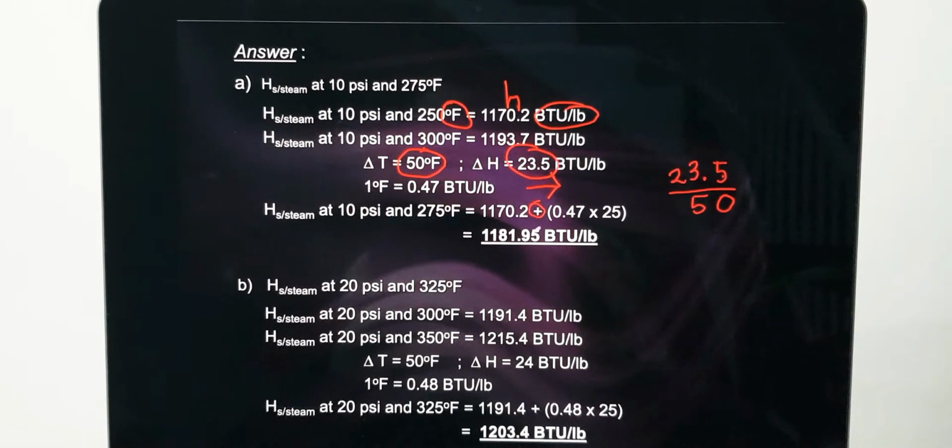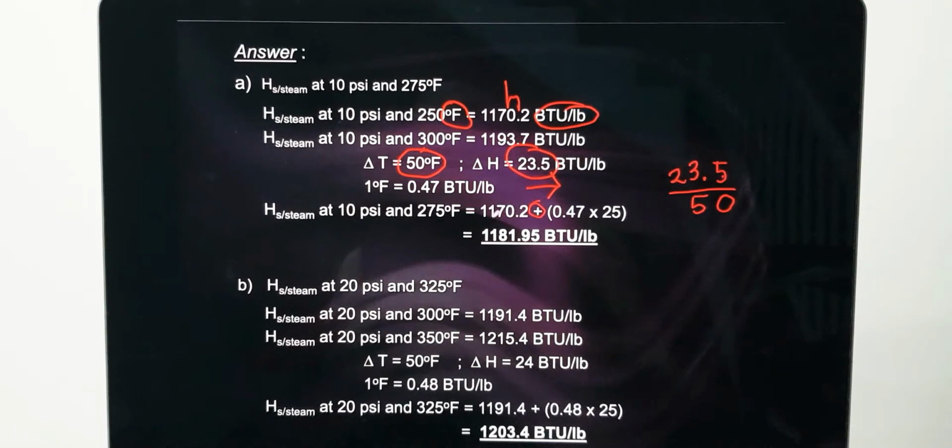But for the problem solution here, I show you a plus because the temperature is increased from 250 degrees Fahrenheit to 275 degrees Fahrenheit. If you want to base it on 300 degrees Fahrenheit, it's correct as well, but please make sure that you change the plus to minus, and this particular value needs to be changed as well. So for now, let's take 250 degrees Fahrenheit as the basis.